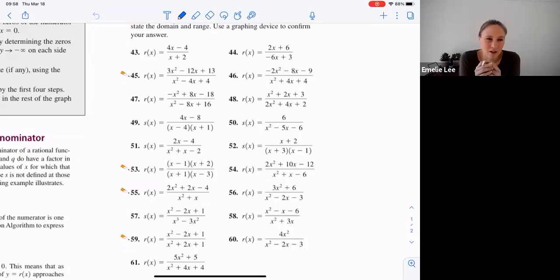Notice here that besides this x to the power of 3 in number 57, I don't see any powers of x that are higher than 2, which is nice, because just looking ahead, we will have to factor these things.